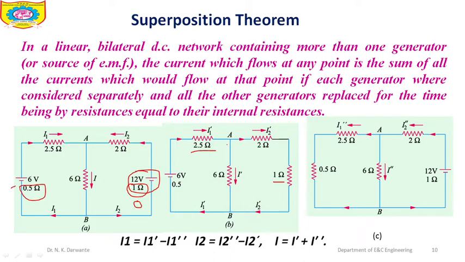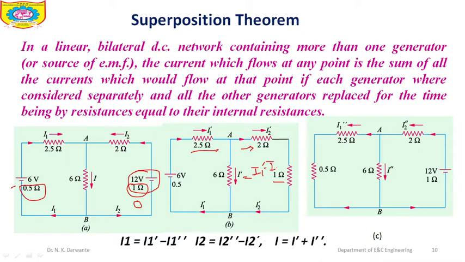Now I dash, as if our assumed direction is in this way and this direction is in this way, then what will be the value of I dash? I dash will be equal to I1 dash minus I2 dash.